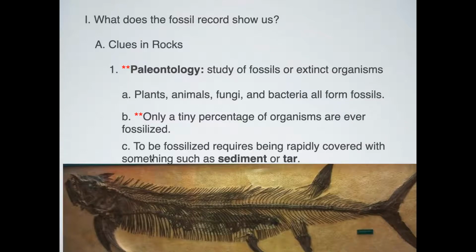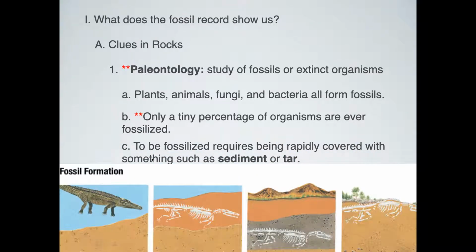And so what does it require for fossilization? Well, for things with bones, it requires a rapid covering of something in sediment or tar or ash, or they could get caught in a bog, technically, right? So fossil formation takes a long time, and the conditions have to be such that it happens very, very quickly.